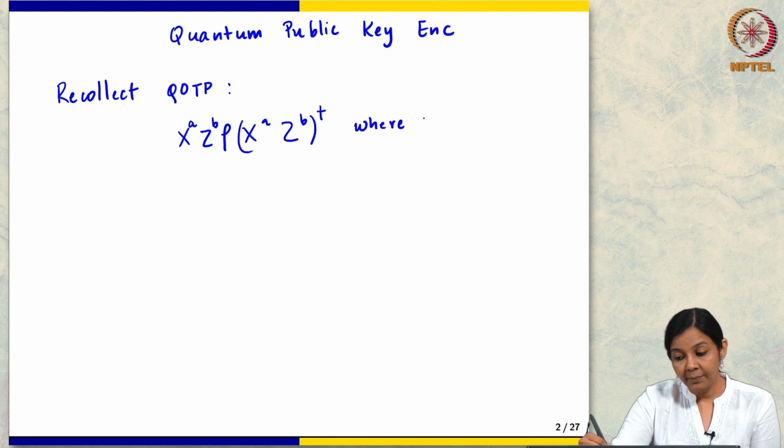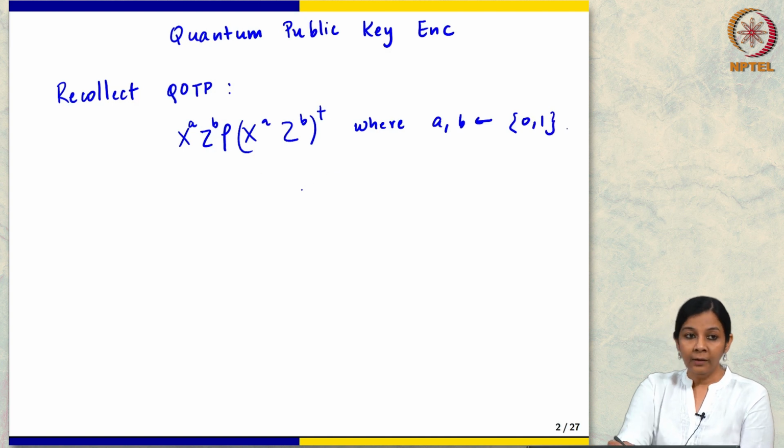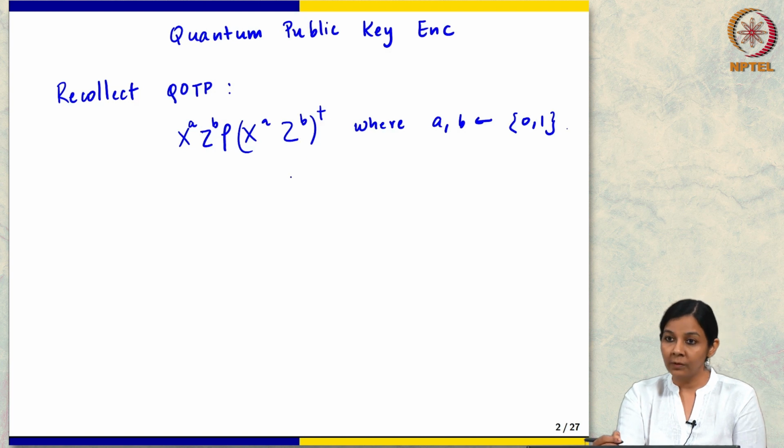And here a and b are random classical bits. Do you all remember this? So, we did a proof as to why this was a quantum one time pad. We did this last time.